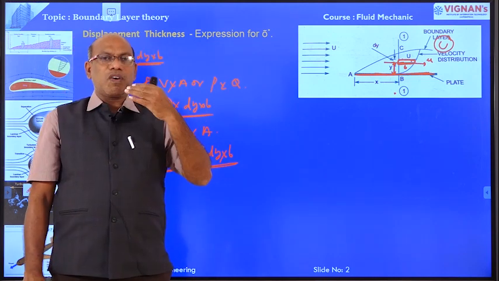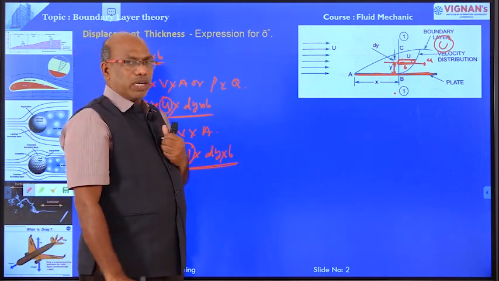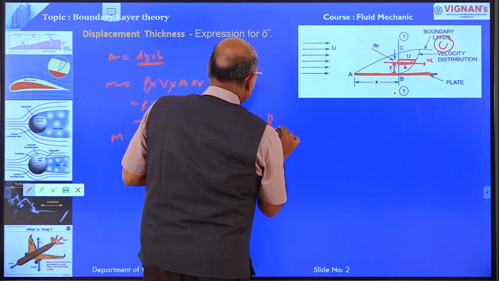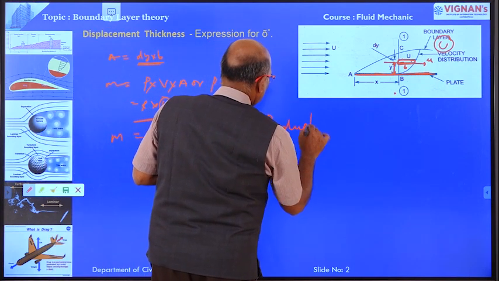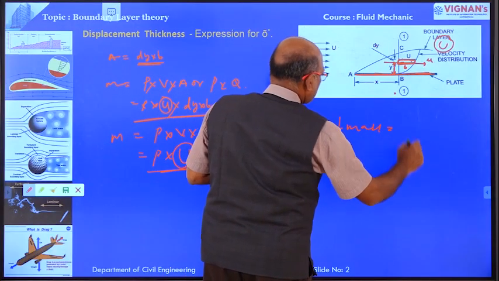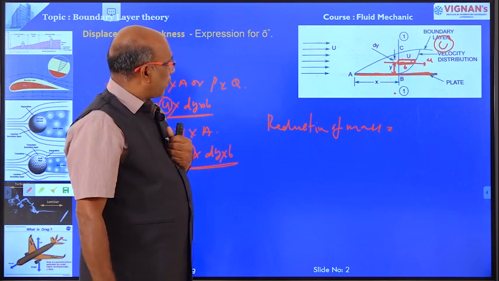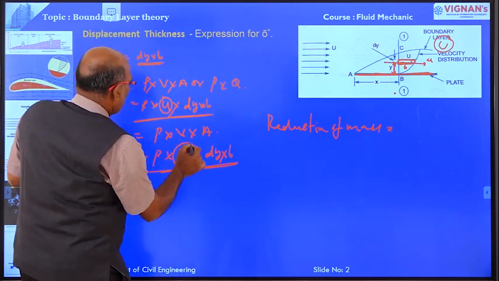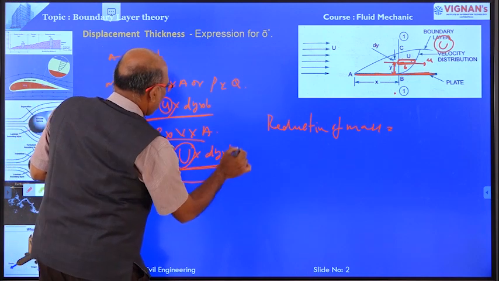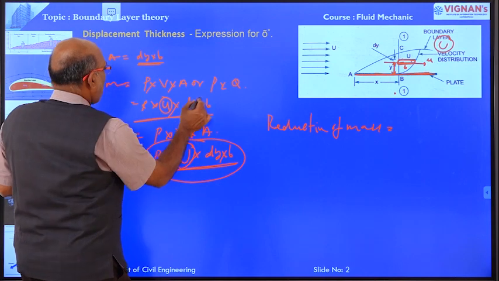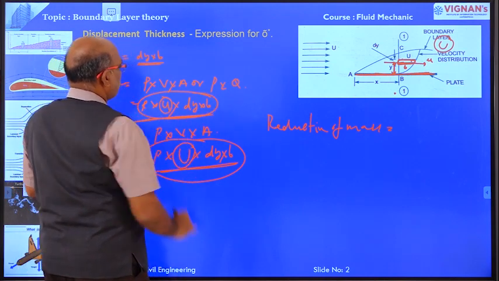Therefore, there is a reduction of mass of the fluid through the strip, equal to the mass of fluid in the absence of the obstruction or solid body minus the mass of fluid in the presence of the obstruction.